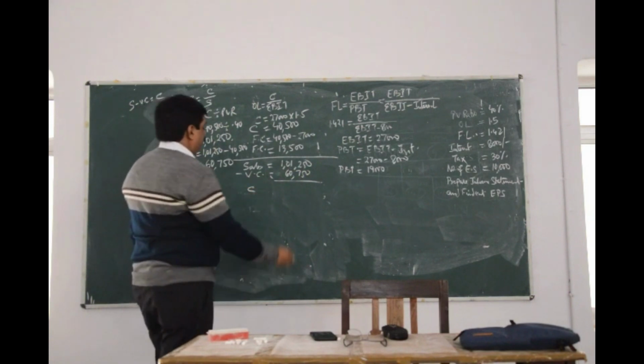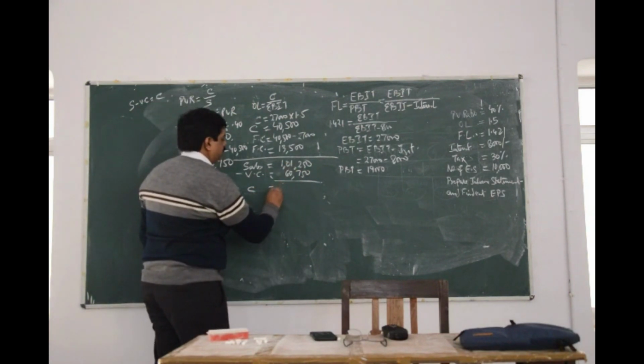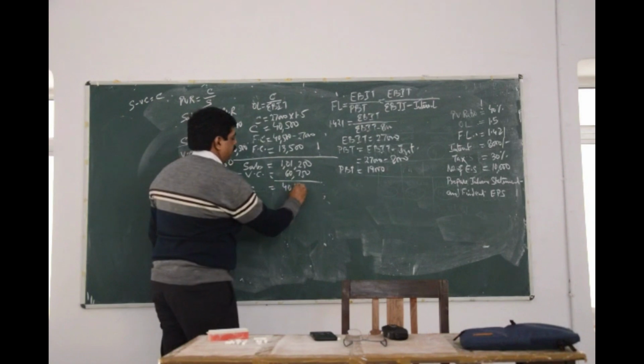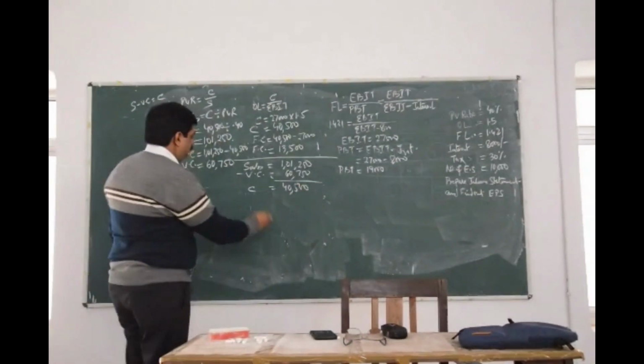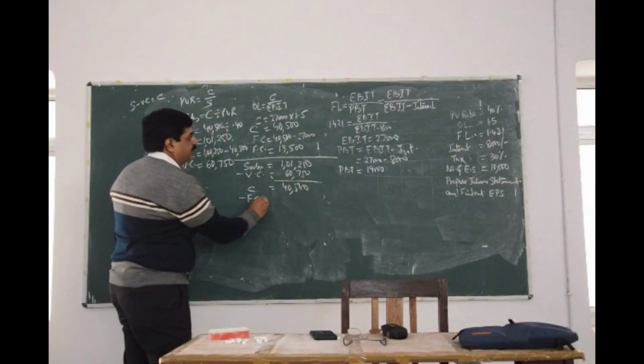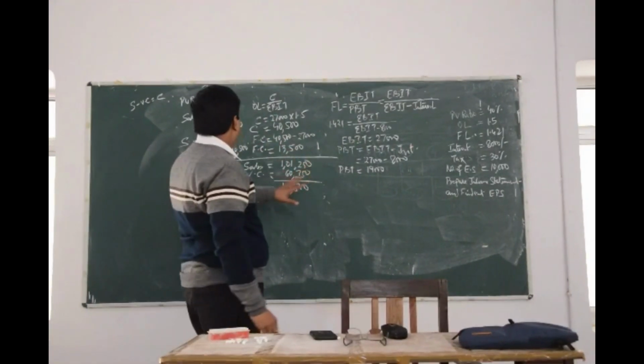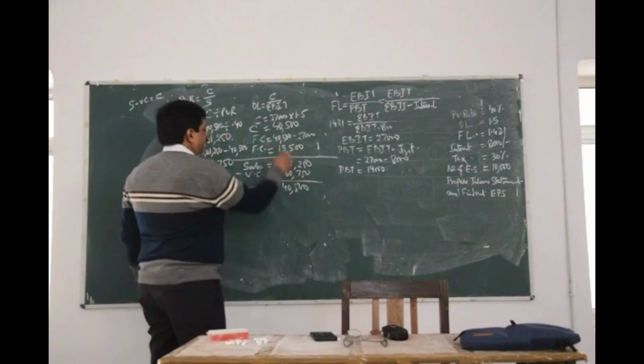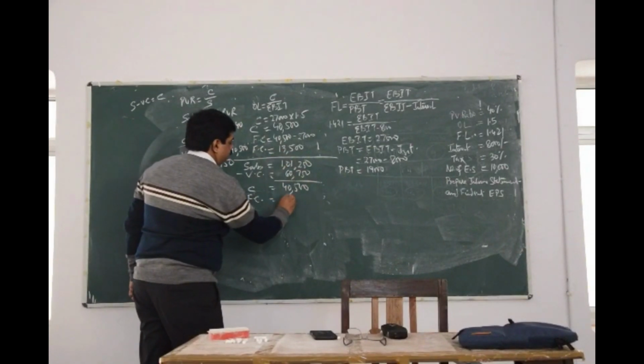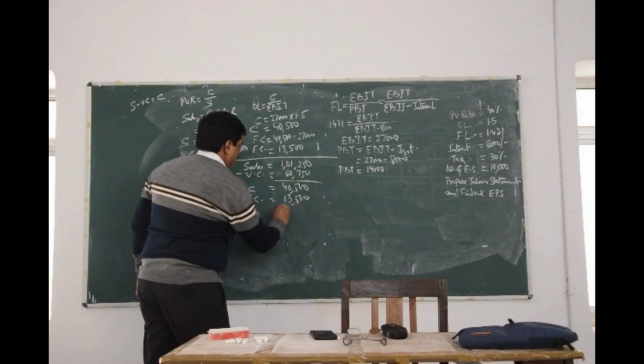Contribution automatically comes as 40,500, minus fixed cost, which we calculated as 13,500.